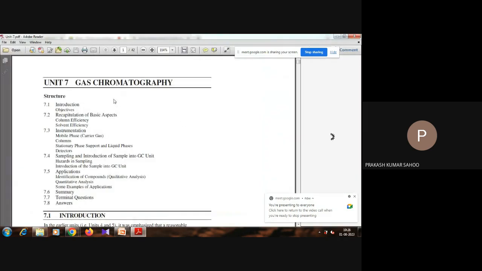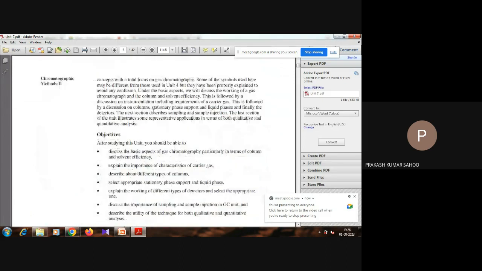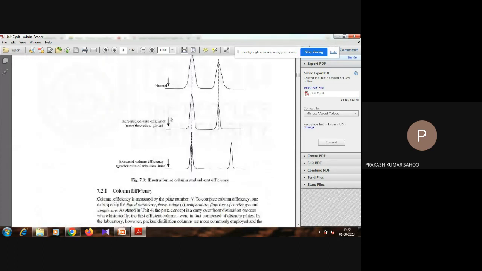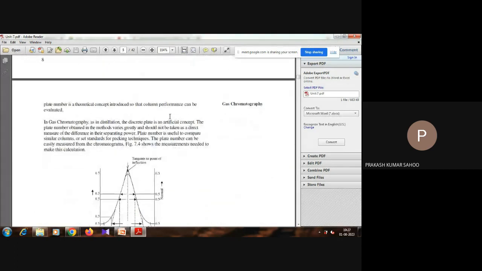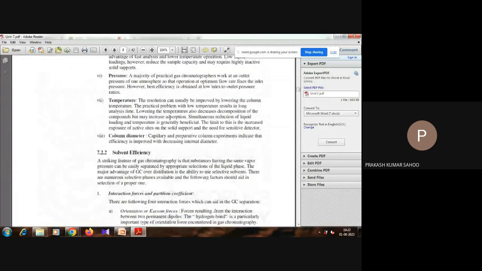It is related to gas chromatography. This gas chromatography is also very much important because gas chromatography is coupled with mass spectrometer, and it was sent on the moon mission, the Chandrayaan mission, for the effective and precise determination of environment related data.